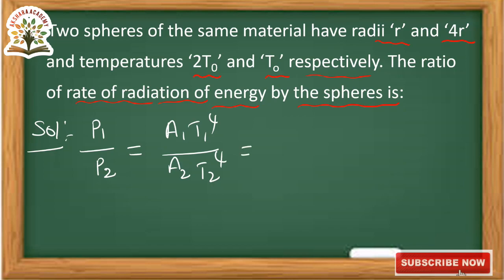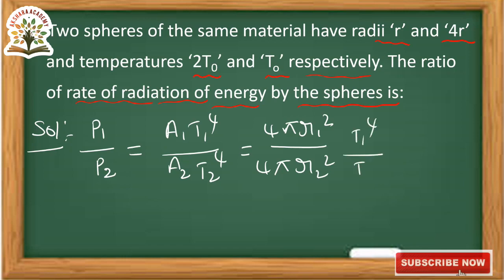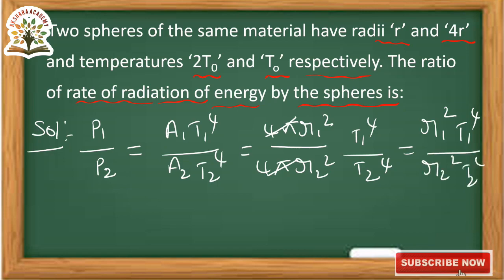Here A1 is 4 pi R1 square by 4 pi R2 square, with T1 whole to the power of 4 by T2 whole to the power of 4. 4 pi cancels, and we get R1 square T1 to the power of 4 by R2 square T2 to the power of 4.